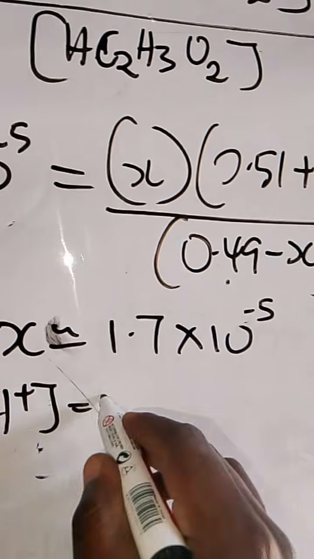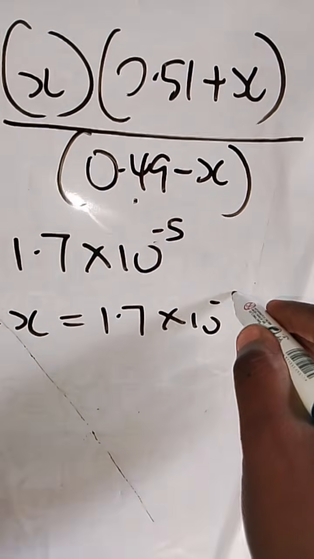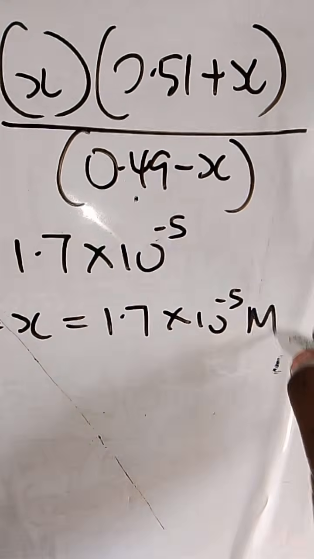So the hydrogen ion concentration is 1.7 times 10 to the power negative 5 molar.